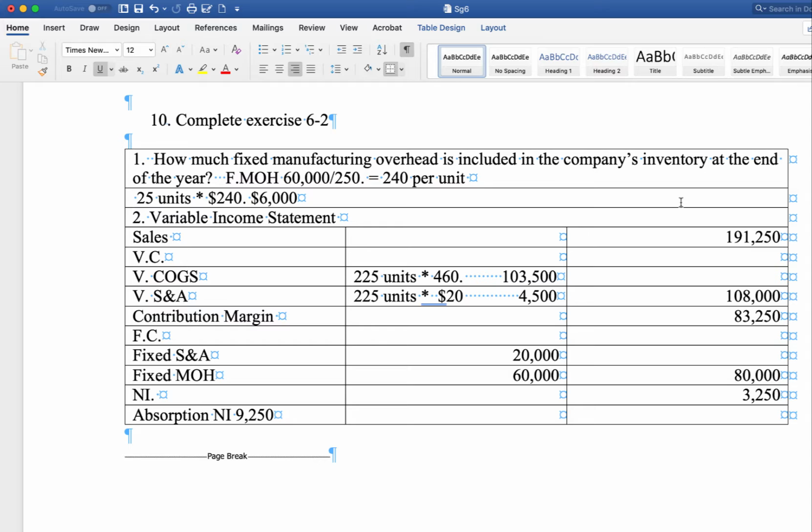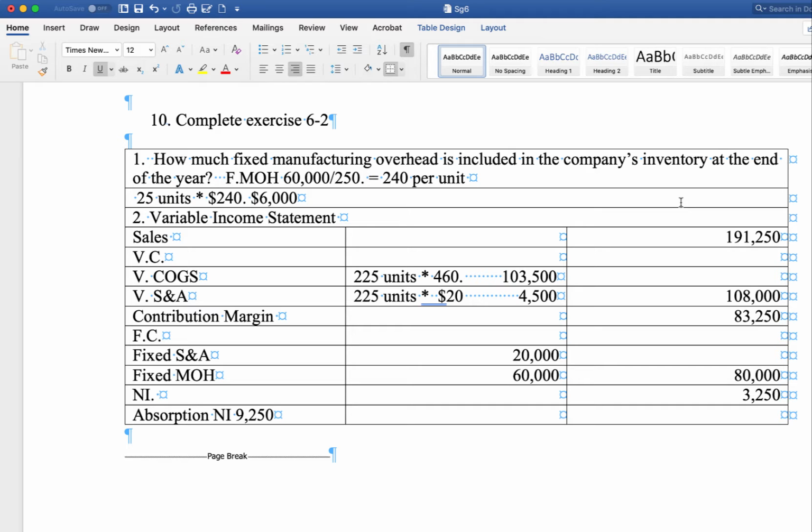Well, the problem asks us in part 1, under absorption costing, how much fixed manufacturing overhead cost is included in the company's inventory at the end of the year? Well, I know that my fixed manufacturing overhead per unit is $240. I need to figure out how much of that is still on the balance sheet. 25 units at $240 a pop, that's $6,000. Okay?